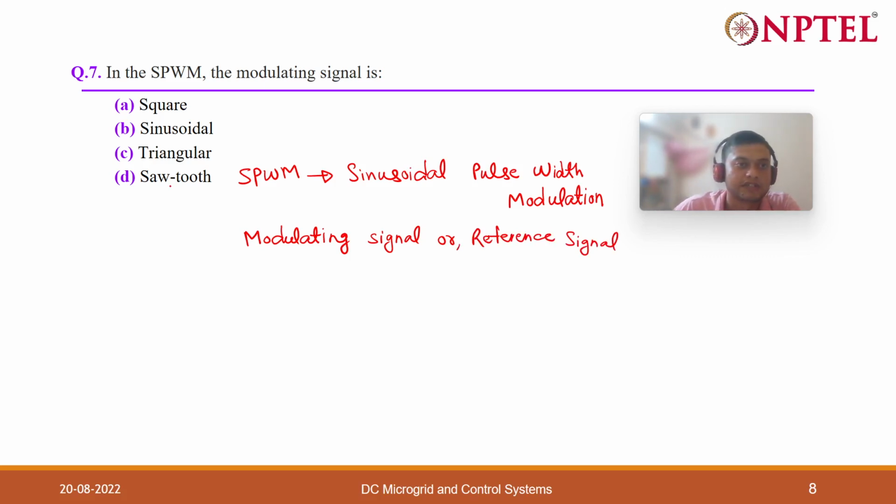So the correct answer for this 7th number question is sinusoidal. And for the carrier signal we usually take a triangular or sawtooth waveform.